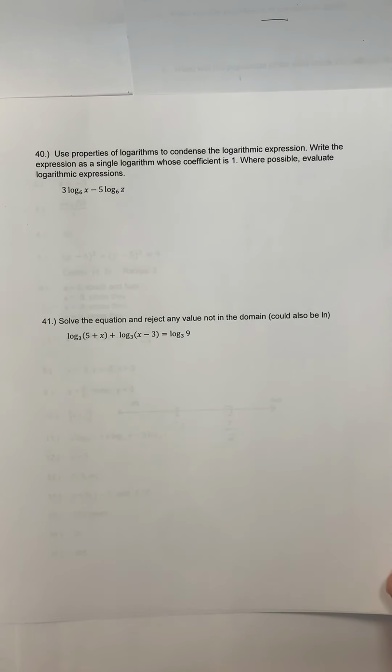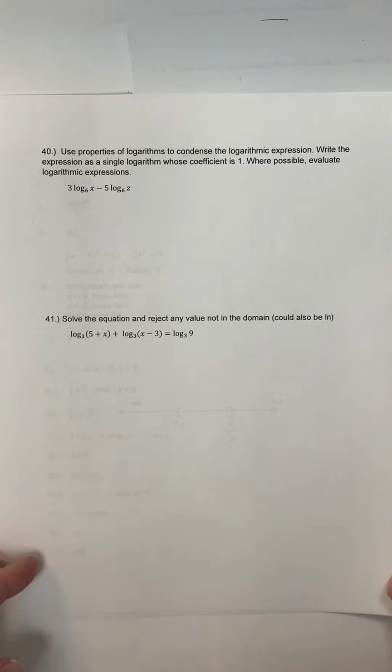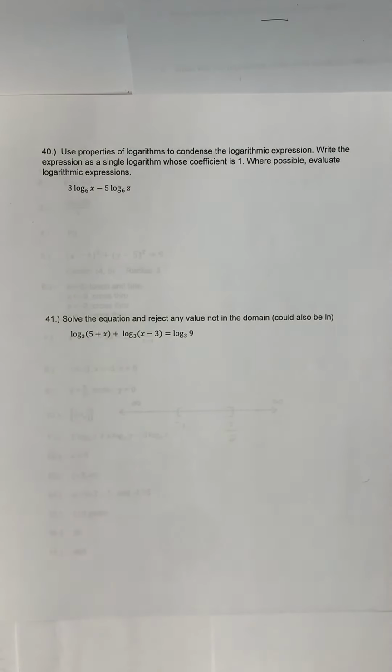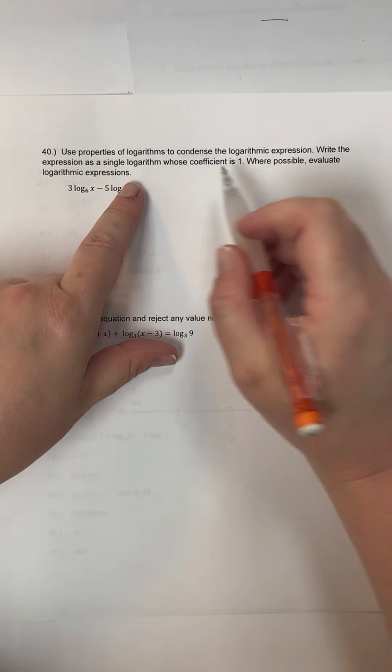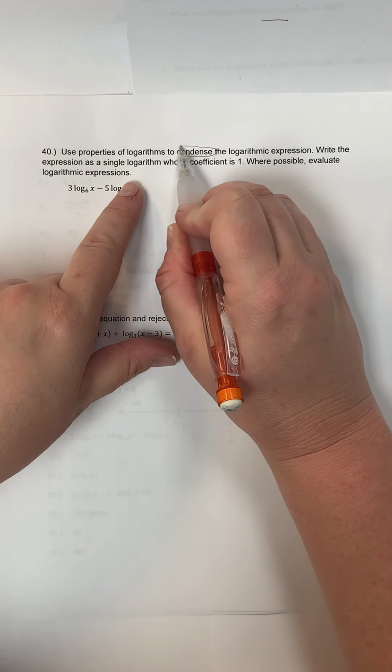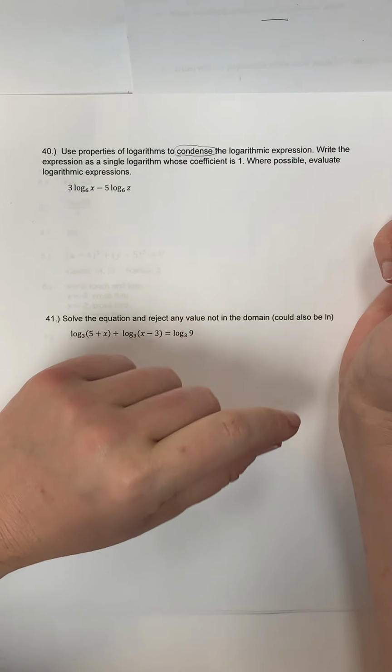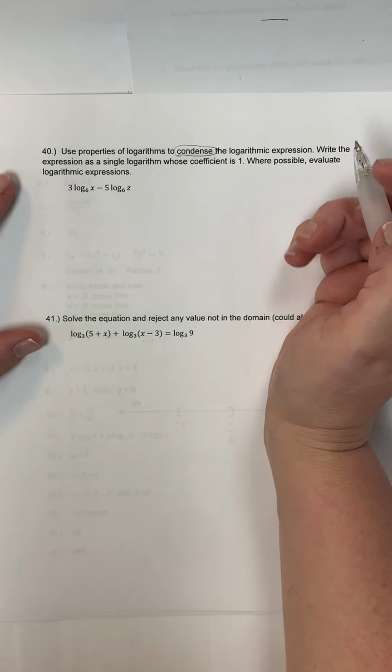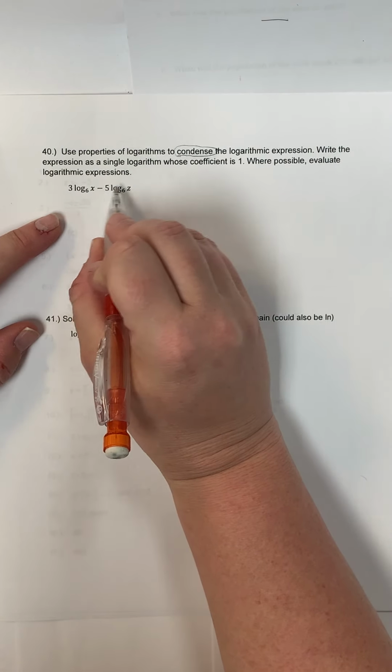And we have our very last two. Okay, both happen to be log problems. Okay, use properties of logarithms to condense, which means we want one log. All right. So I see I have coefficients.